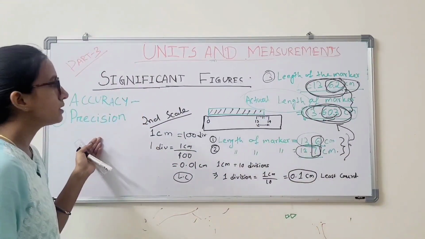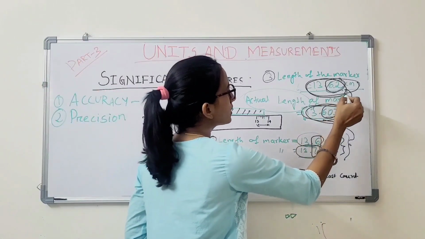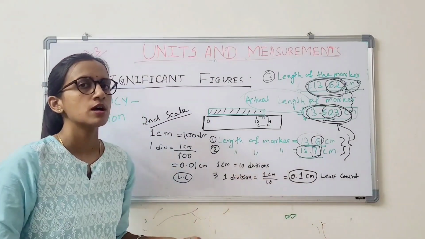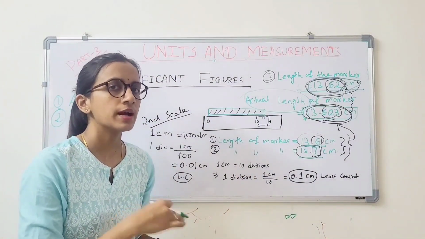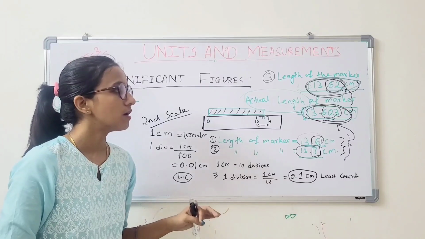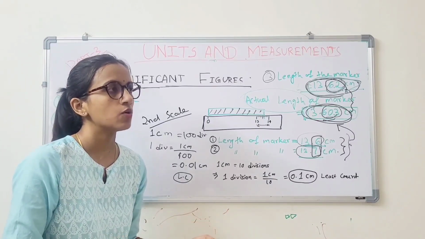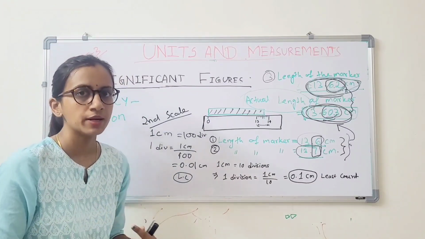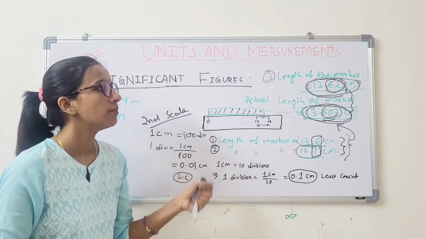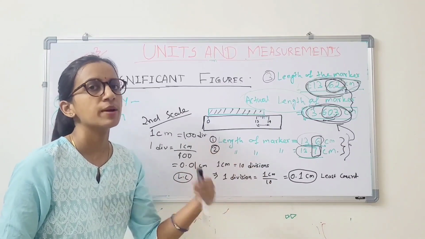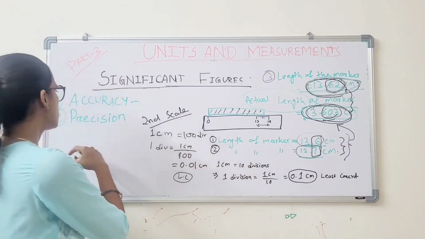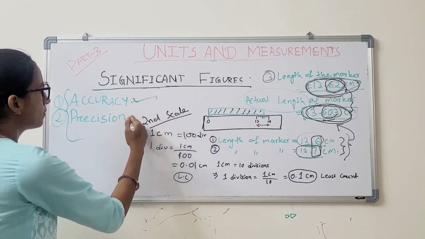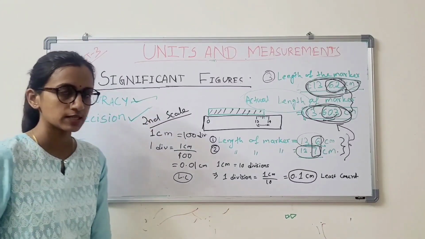Whereas precision gives you up to what resolution, up to what limit your apparatus has read the measurement, which is related to the least count, as I said, up to what limit your apparatus is able to measure that quantity. So you should keep in mind that accuracy and precision are different things.